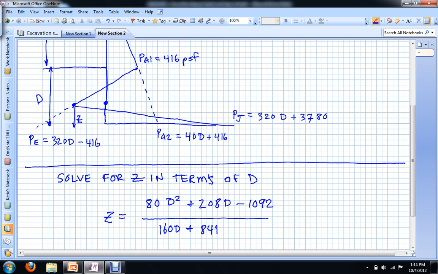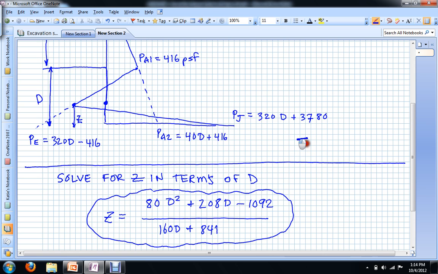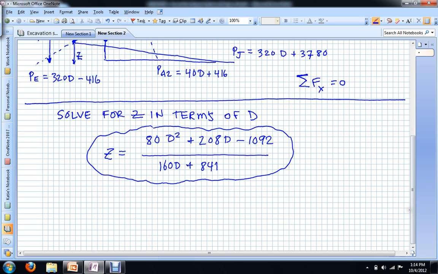My suggestion here is to take a moment, play around with your calculator, put your sum of forces in the x direction equals 0, solve that out using these values that we just highlighted, and simplify that equation, and you should end up with Z equals this expression. And we're going to use that a little bit later.